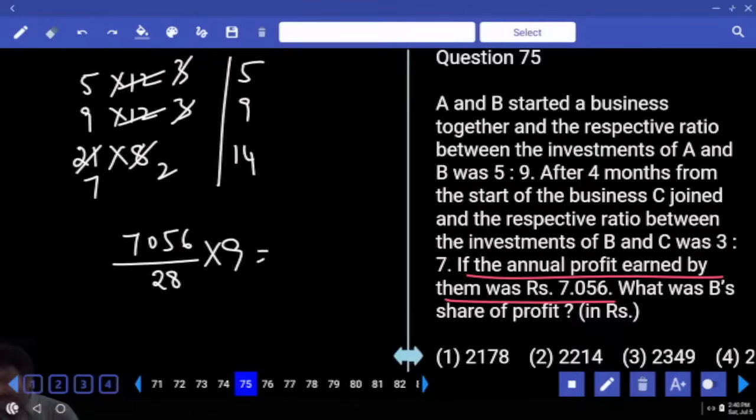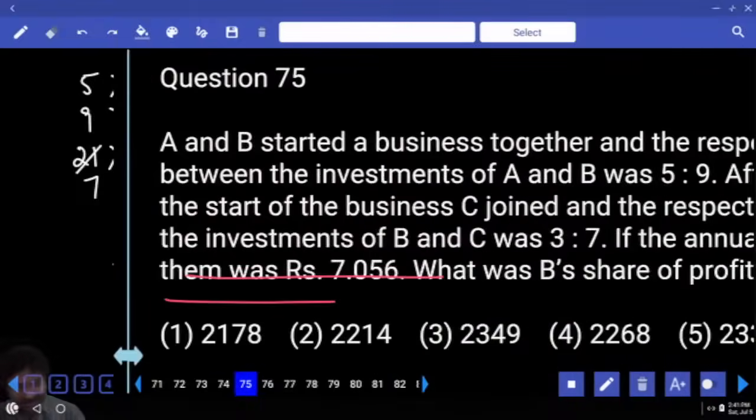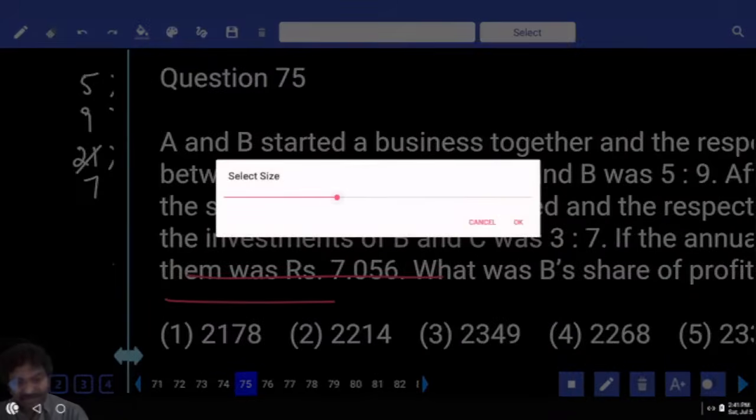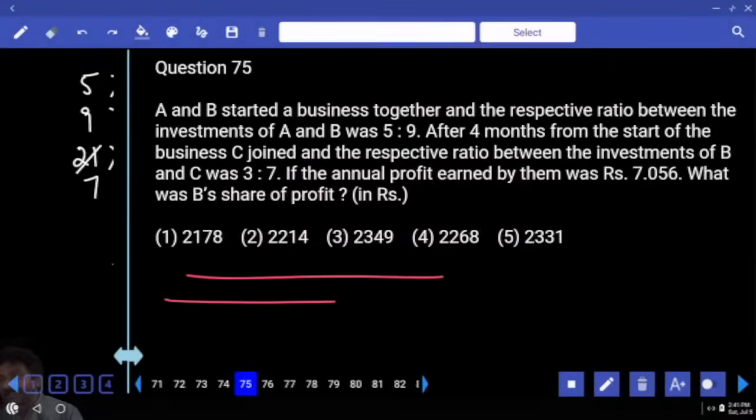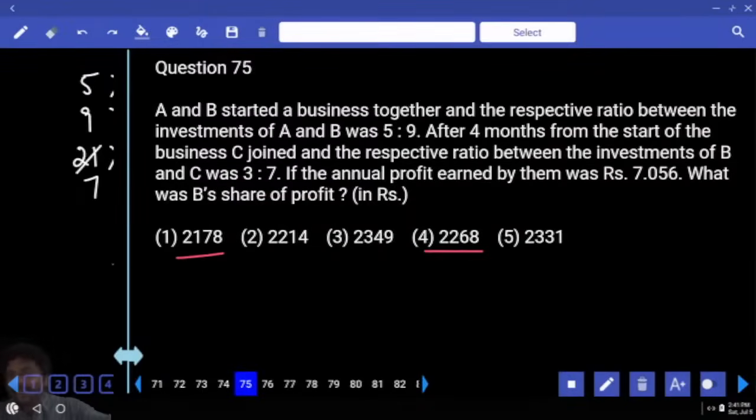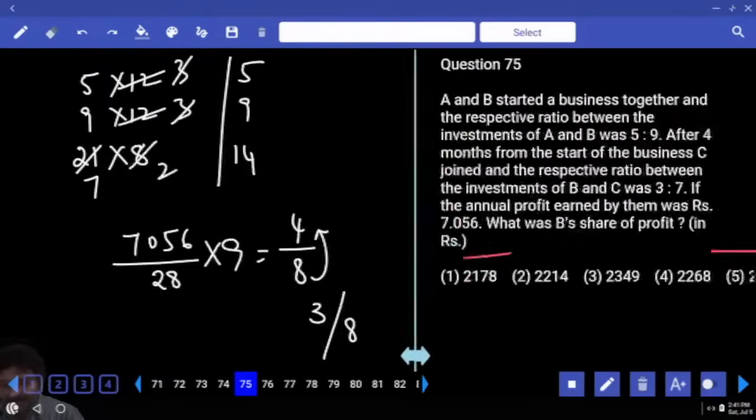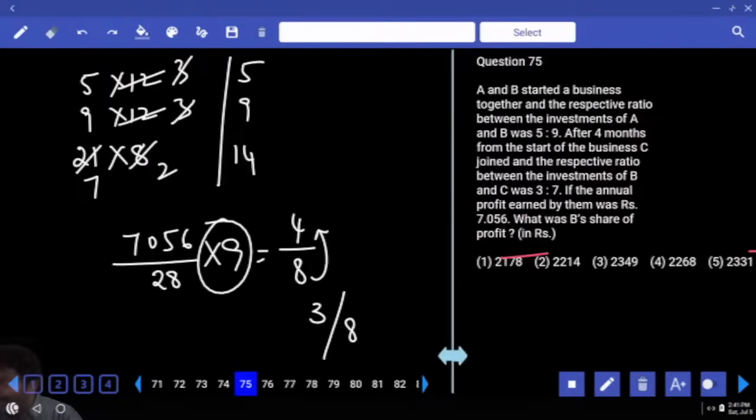6 into 9 ends with, denominator ends with 8 into which number ends with 4? Either 3 or 8. That means answer must end with either 3 or 8. How many options are there? 2 options are there which are ending with 8. Correct? But when you observe your calculation, you have into 9, right?